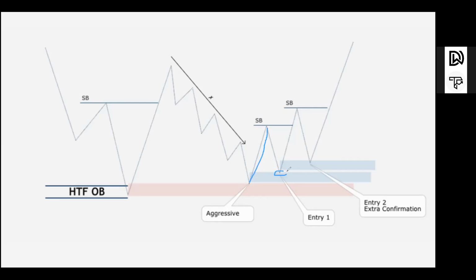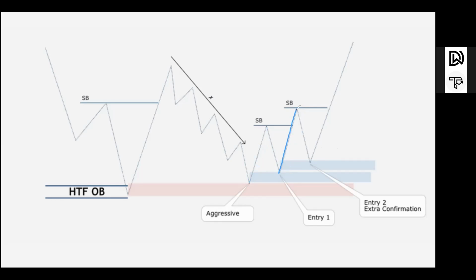So if you miss this first entry, don't fear, don't go, oh, I missed the trade. If price pushes up, don't go in there and just enter, because if you have FOMO and you're afraid you're going to miss the train, wait to see if price comes back towards this original order block of this move. If it comes back to this area, then you could potentially have another entry.